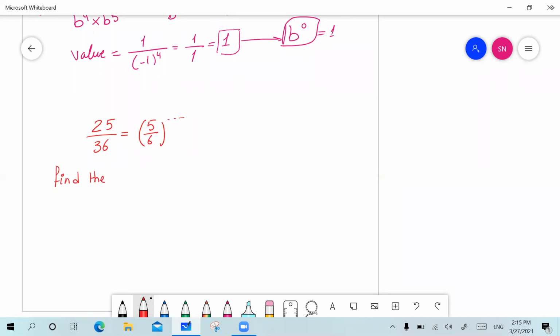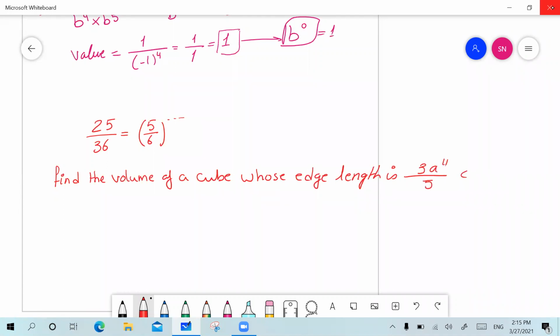We'll find the volume of a cube whose edge length is 3a to the power of 4 over 5 centimeter.